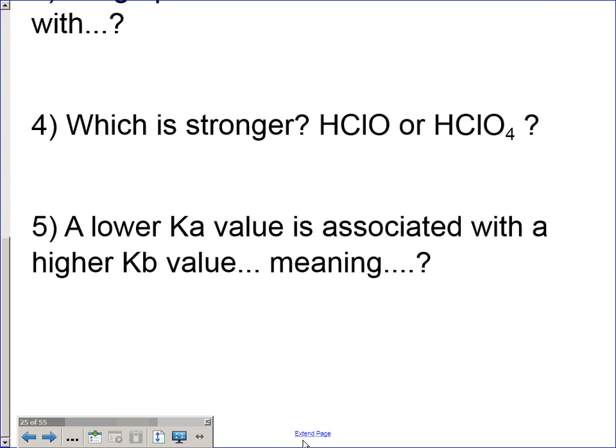Because it has more oxygens, and that makes... Okay, why does it make the bond weaker? Electron density. Okay, more electron density in the middle of the ClO4. That little H hanging off is like, hey, just drop the electron in the electron density. It makes it a weak bond.